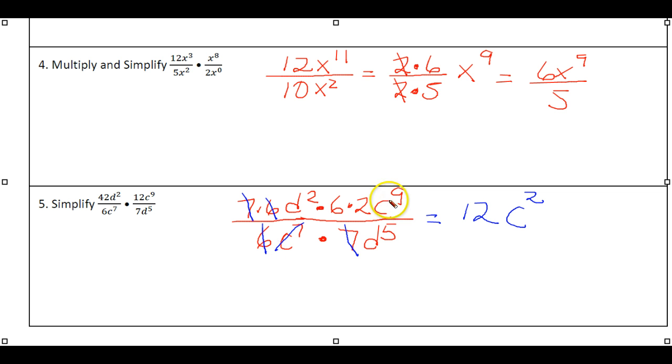So this is done here. And then we have a 2 up here that we will subtract from the 5 and in a sense get a 3. So that's going to be over d to the 3rd power. And it never hurts to check your work. And I see my answer is different from what they have listed in the answer key, but I believe this is correct.